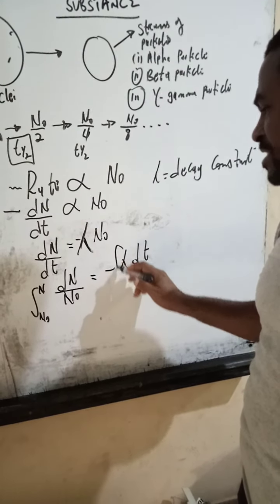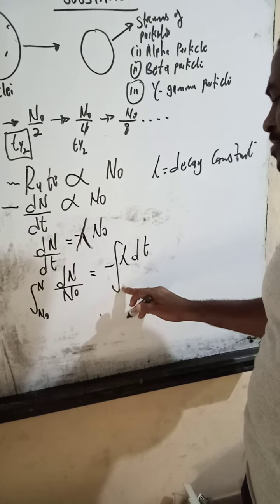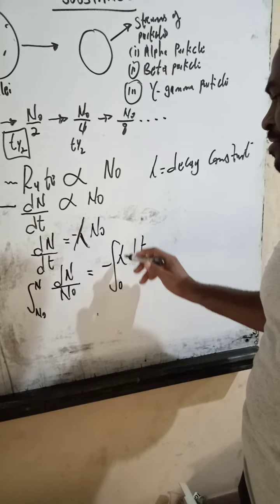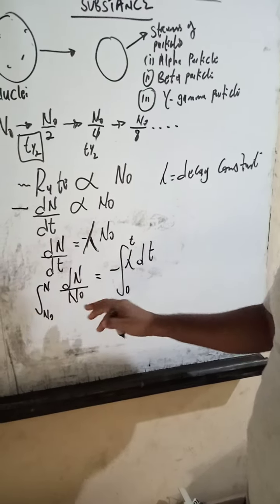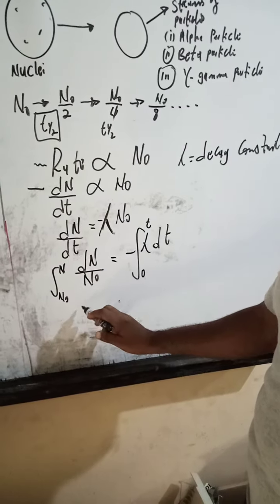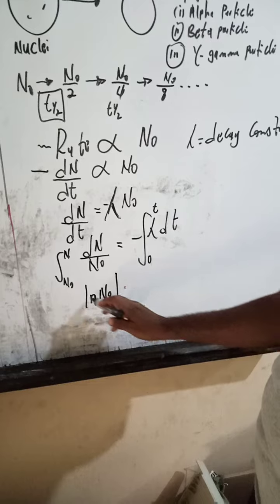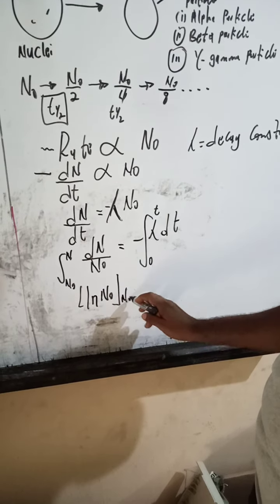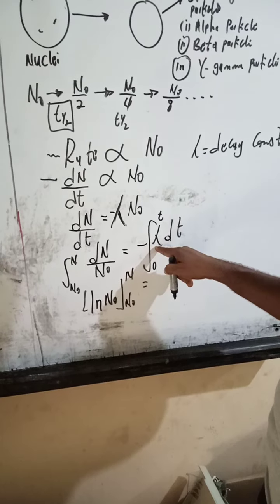Then we integrate this from when the time is 0 to when the time is t. Now from calculus, the integral of this one will be ln of n from the limit n0 to n, which is equal to this particular constant.